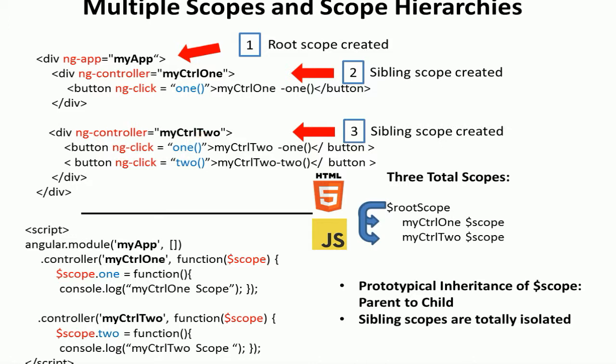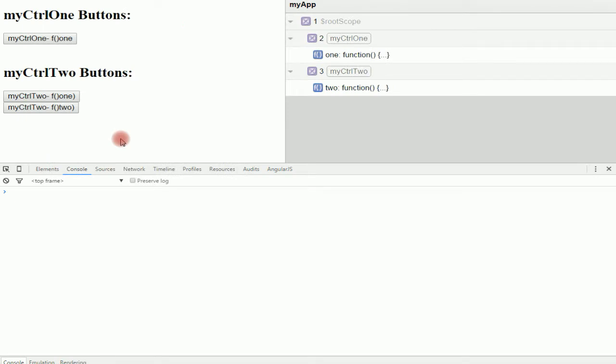Remember that all scopes prototypically inherit from the root scope, and that an Angular application only ever has one root scope. Taking a look at this application with our interactive Angular dev tools will help depict the scope hierarchy and demonstrate the constrained nature of sibling scopes.